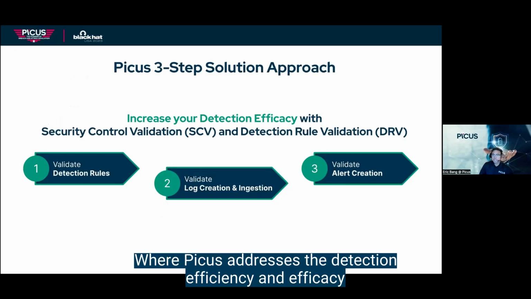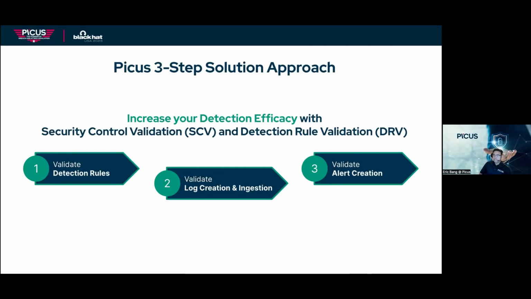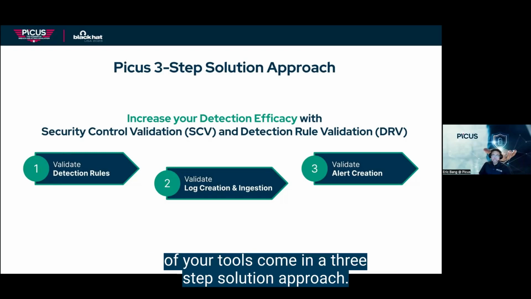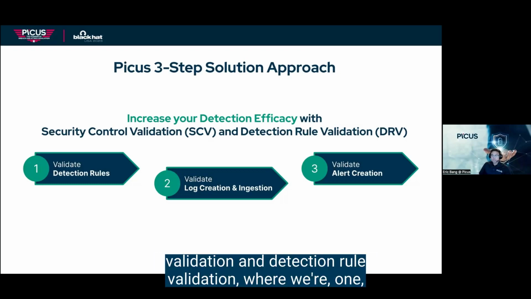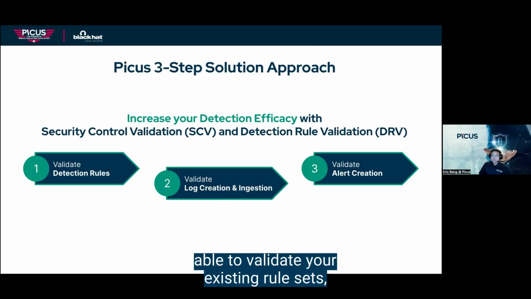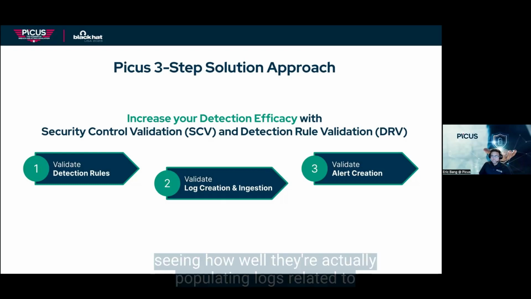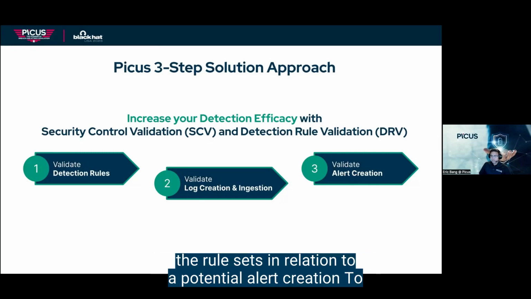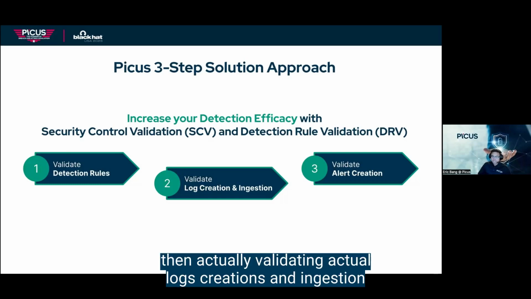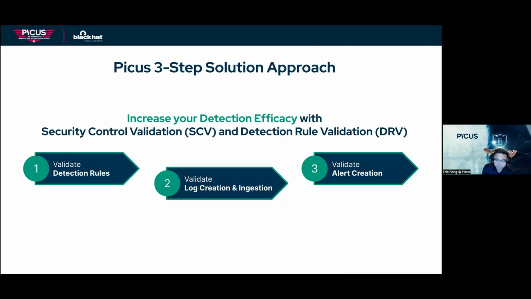Where Picus addresses the detection efficiency and efficacy of your tools comes in a three-step solution approach. Here we leverage two solutions called security control validation and detection rule validation, where we're able to validate your existing rule sets, seeing how well they're populating logs related to the rule sets in relation to a potential alert creation, and then validating actual log creation and ingestion through proper parsing and normalization.